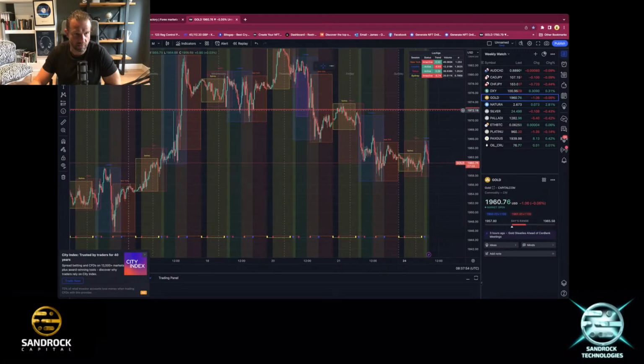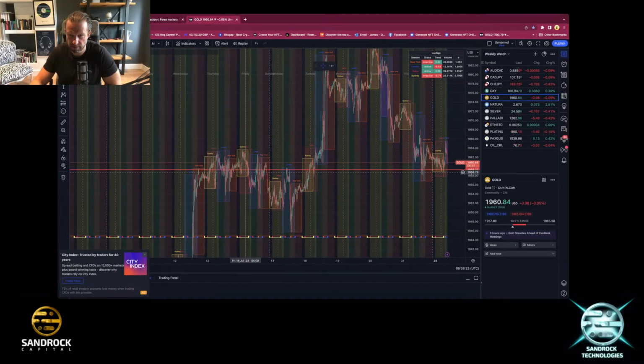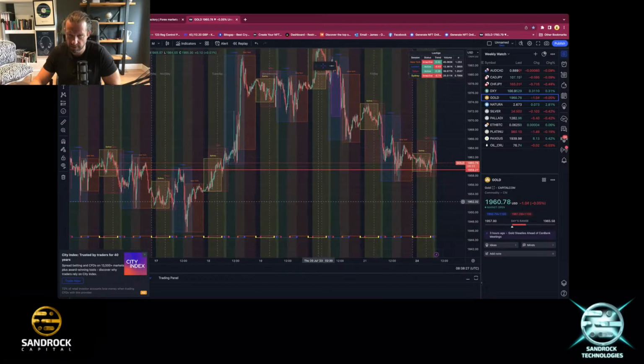Let's have a look at this level here. There is a bit of a level around 1959, 1960. Technically, that's a bit of a level around that figure.